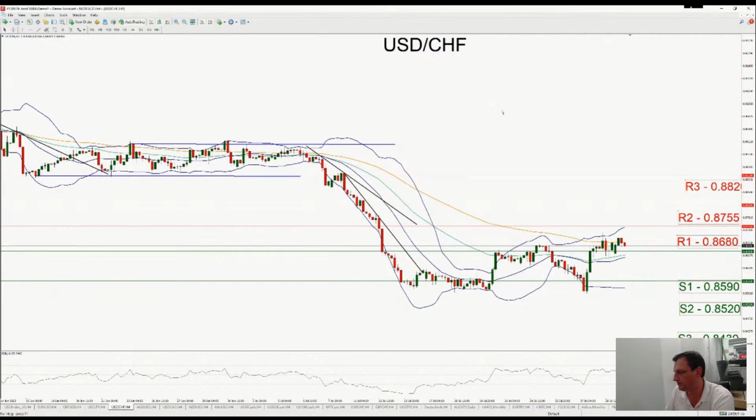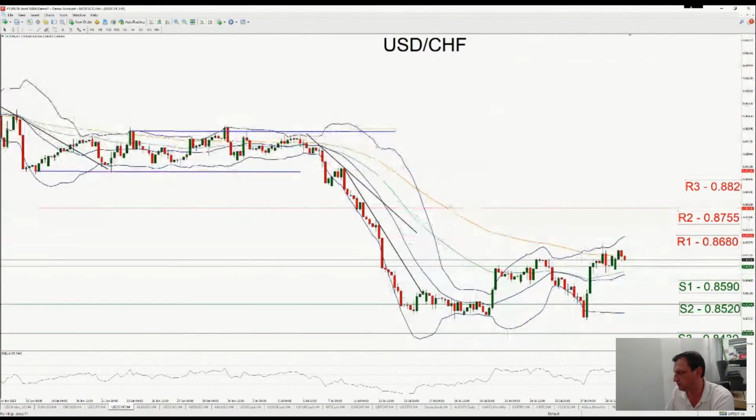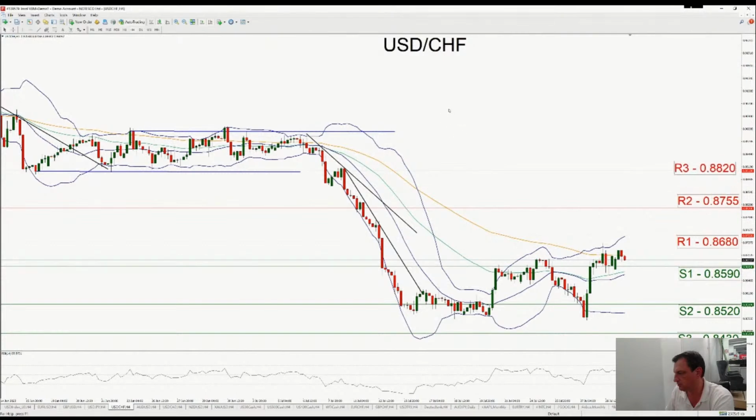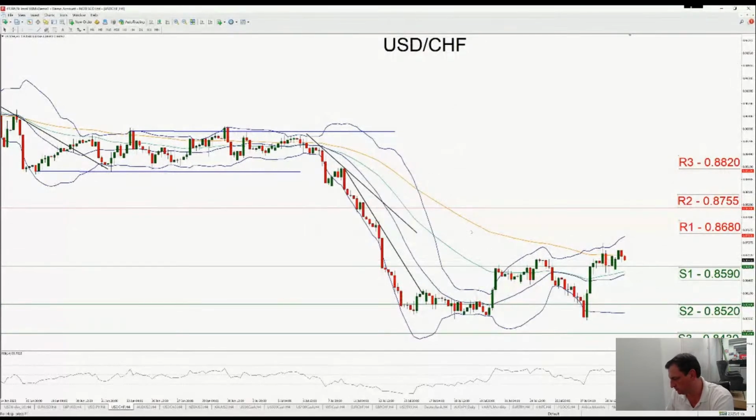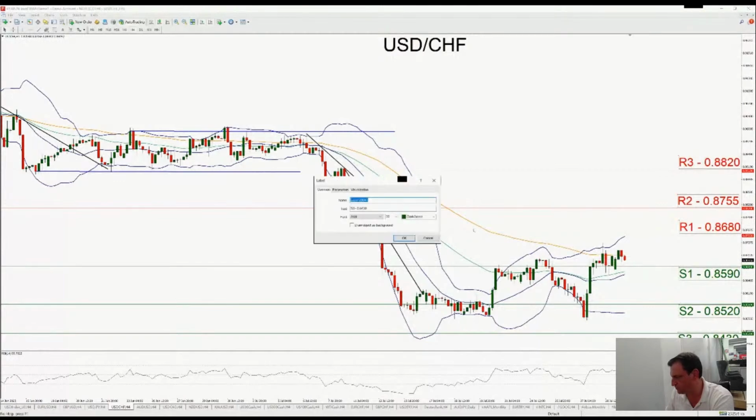So widen the chart a bit. Starting with the S3, which is now being placed at 0.8520.